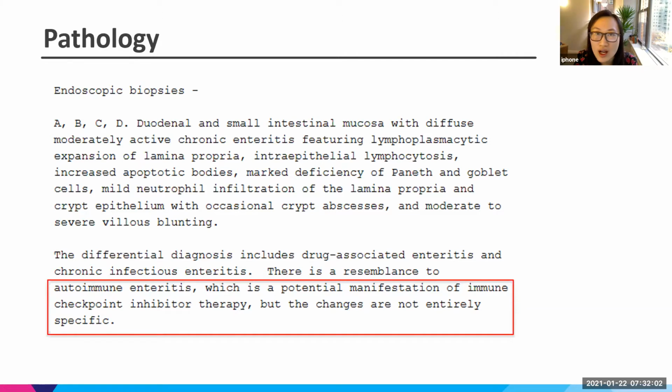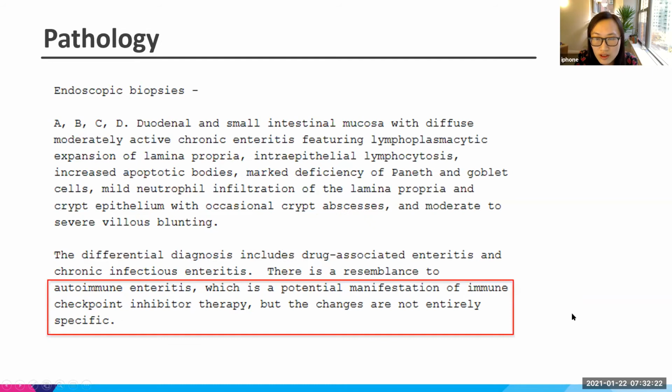Because of his clinical history and in discussion with the oncology team, they felt this was less likely to be the remnants of a viral gastroenteritis picture, and actually more compatible with immune-mediated enterocolitis.